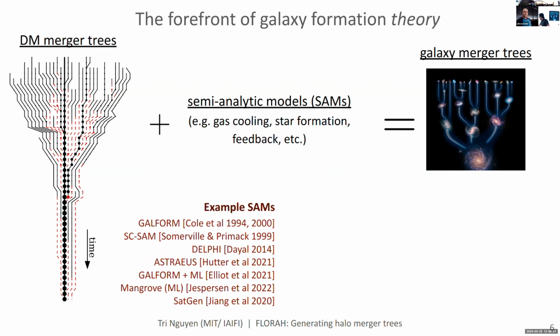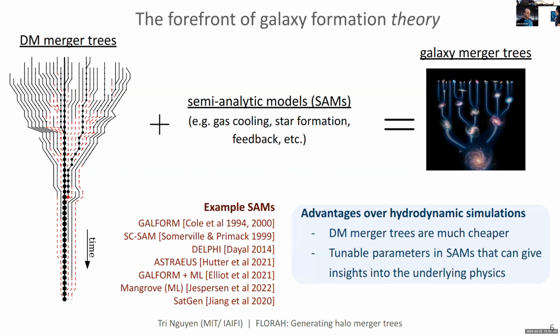There are many semi-analytical models that I can list here, both traditional ones as well as more machine learning ones, on different scales from halos to the satellite population of the Milky Way. Combining dark matter merger trees and semi-analytic models, you can have galaxy merger trees.